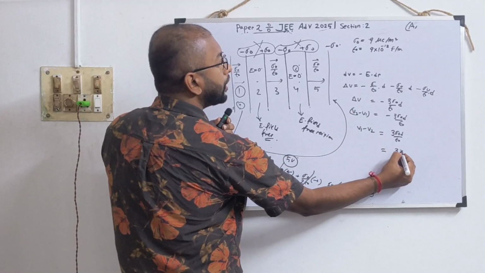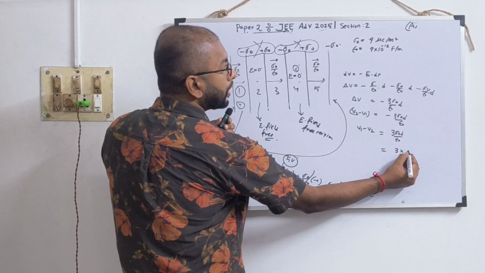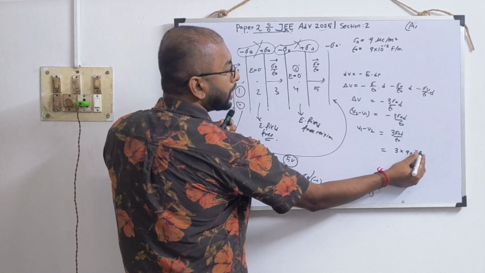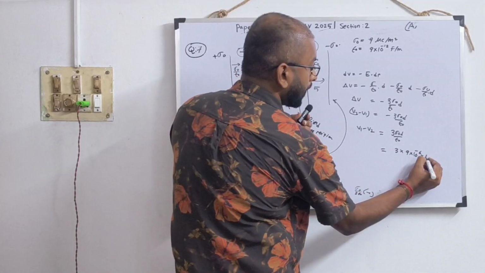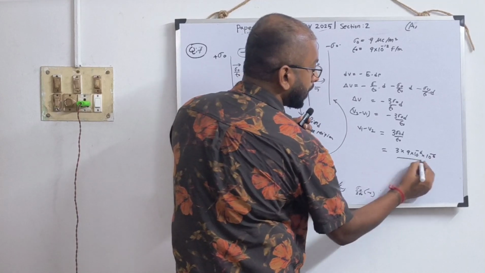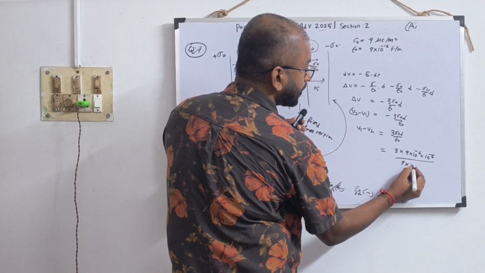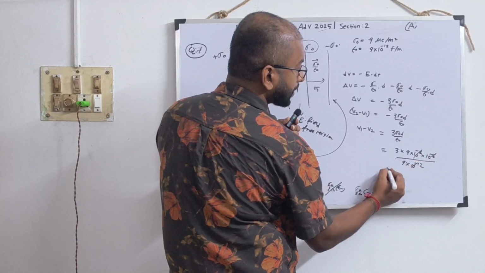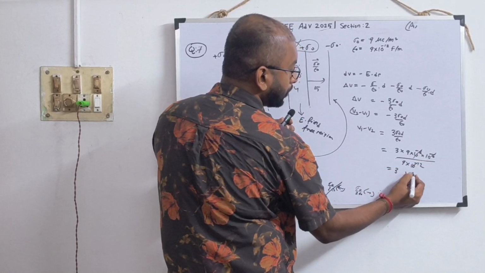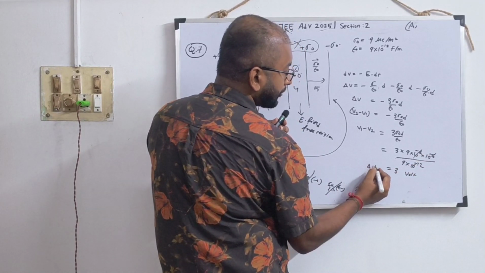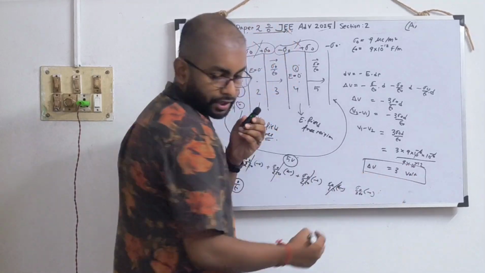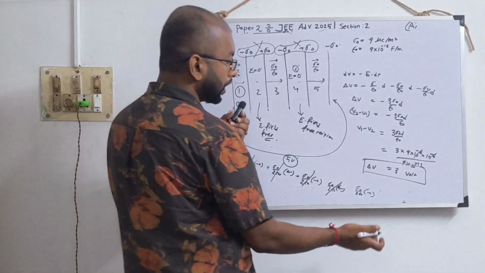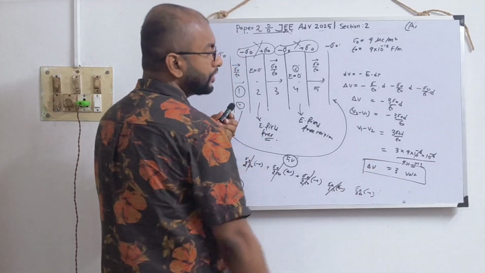So 3 into sigma naught is given 9 into 10 to the power minus 6, that is 10 to the power minus 6 meter, by epsilon naught is given 9 into 10 to the minus 12. So this will ultimately cancel out. It's becoming 3 volt. Delta V is becoming 3 volt. But in our option it is given 5 volt. So option C is not the correct one. The correct will be 3 volt.